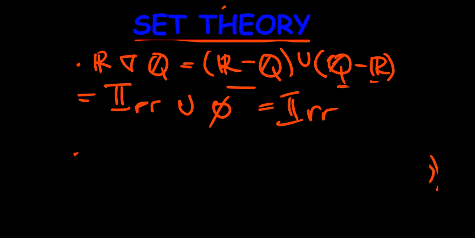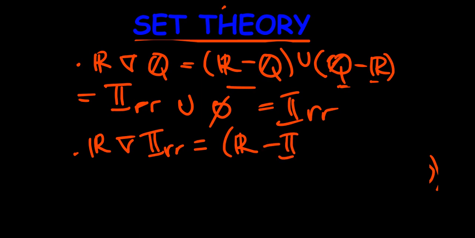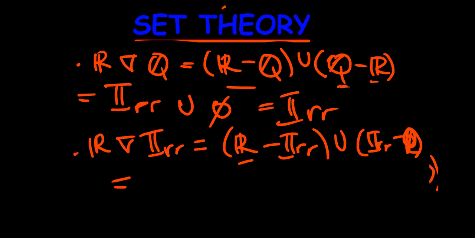Then we can do this with symmetric difference with irrational numbers, where we have the real numbers minus irrational union irrational minus the real numbers. What are we going to get? When we remove the irrational numbers from the real numbers, you just get rational numbers that remain there.